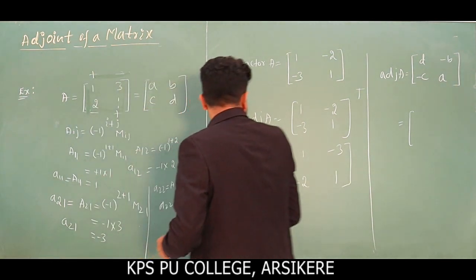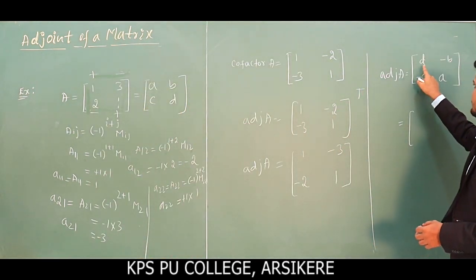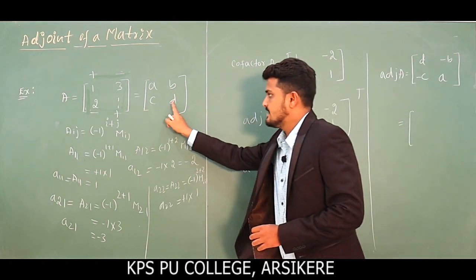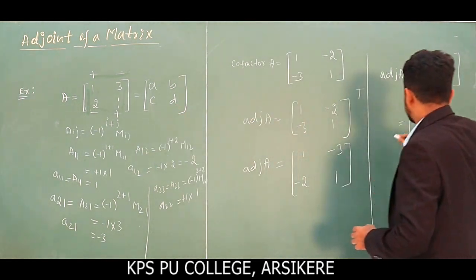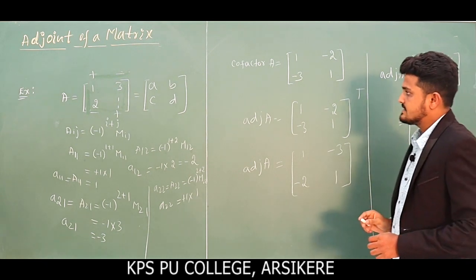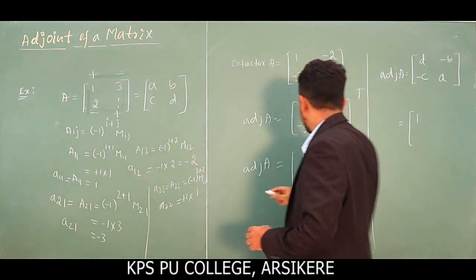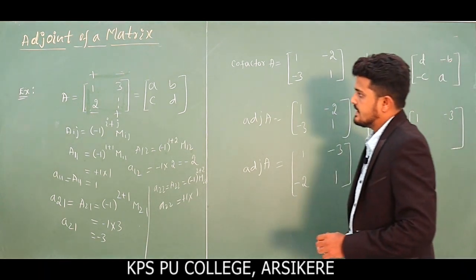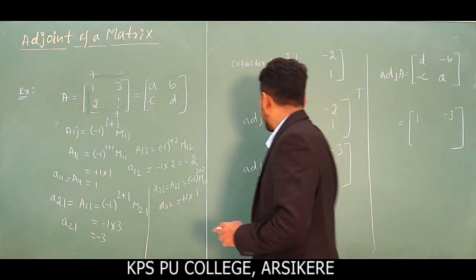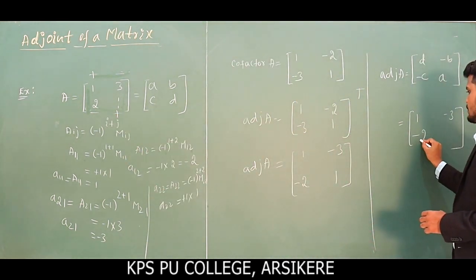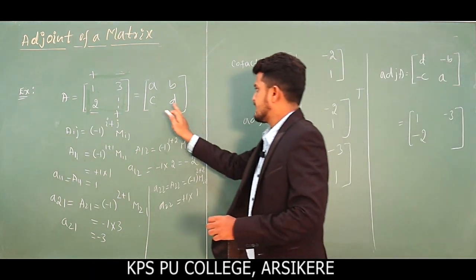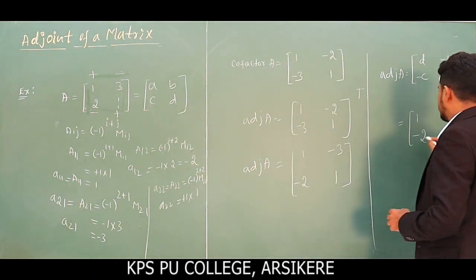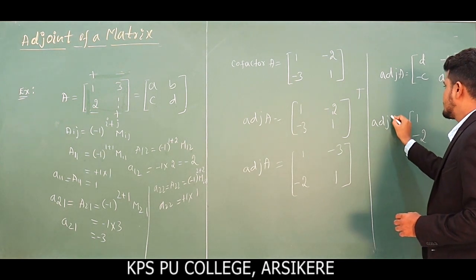Adjoint A: in place of D substitute 1, in place of B 3, so minus 3. Next, in place of C minus 2, so it becomes 2, and in place of A 1. This is nothing but adjoint of A.